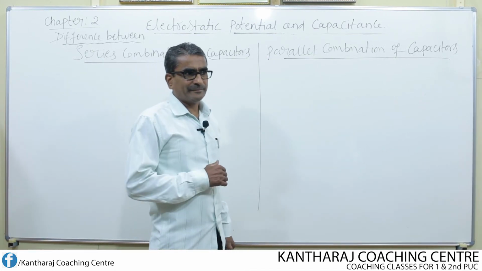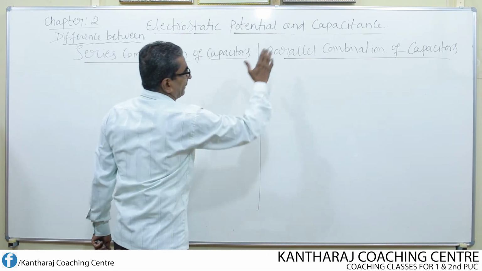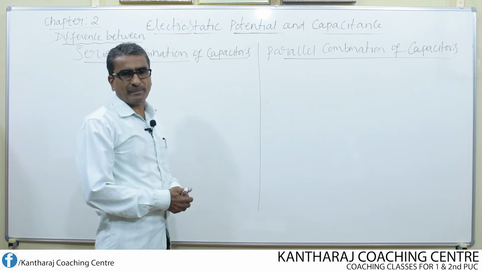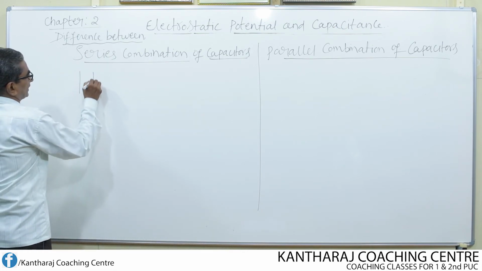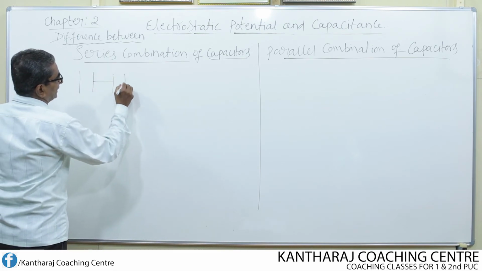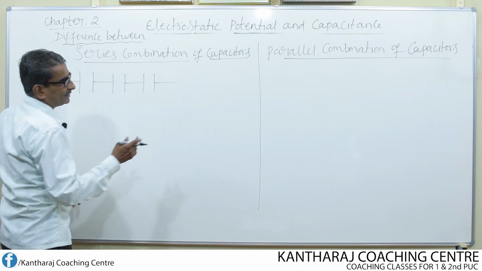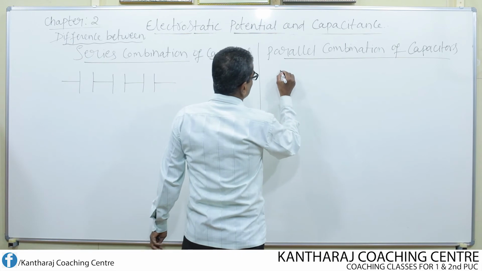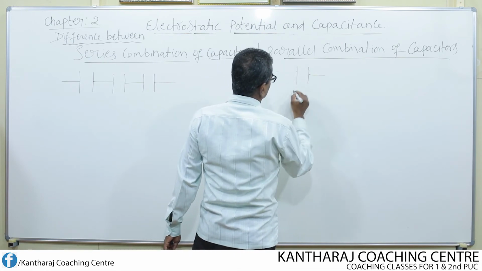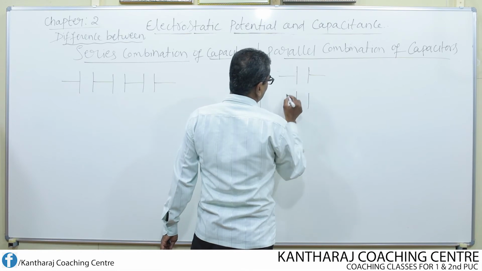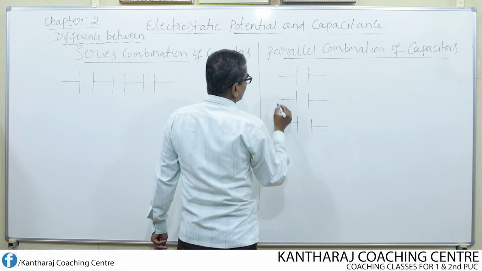Now let us study the difference between the series combination of capacitors and the parallel combination of capacitors. Suppose I consider a certain number of capacitors connected in series like this, and also capacitors connected in parallel like this, either 2 capacitors, 3 capacitors or any number of capacitors.